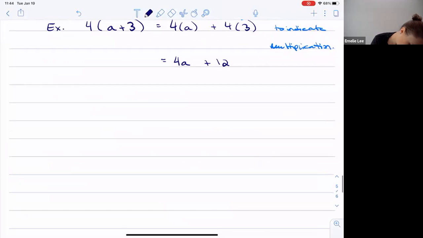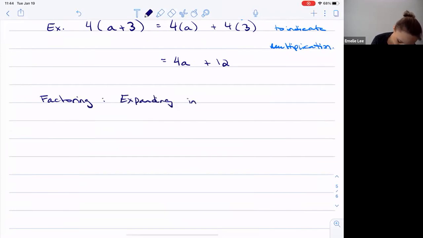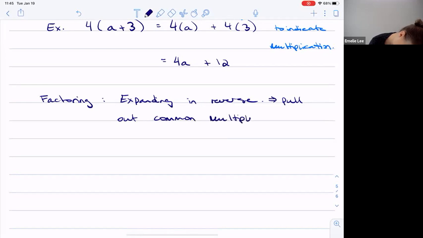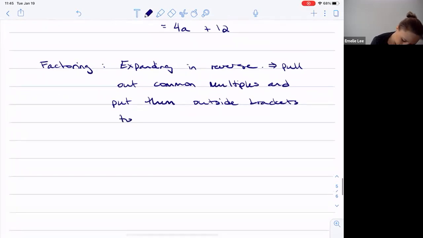Factoring is expanding in reverse, essentially, where we pull out common factors or common multiples and put them outside brackets, typically.